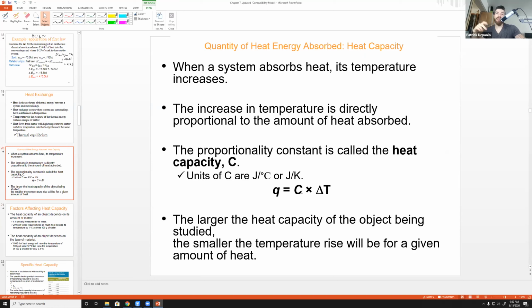So if you put a lot of heat into water, such as the sun into an ocean, the specific heat capacity of water is high, so the temperature change would be low. If you put that same amount of heat into sand, I'll use the beach example, the specific heat for sand is low, but the temperature increase will be a lot.